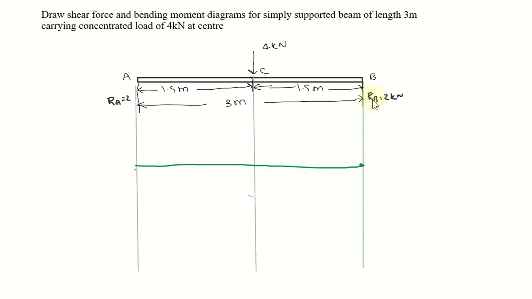So as we said, this will be minus RB from our previous derivation, and there is no force between B and C, so that will be continued up to C. And let's see, suddenly 4 kilonewton adds, so minus 2 plus 4, so that will become plus 2 kilonewton, and there is no force in between C and A, so that will be continued up to here. And this is positive shear force and this is negative shear force.